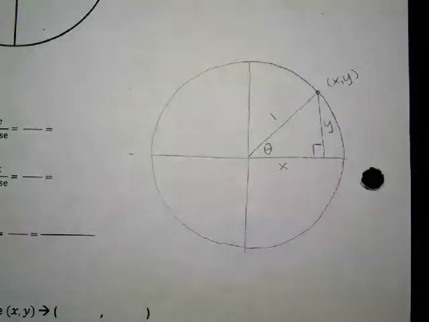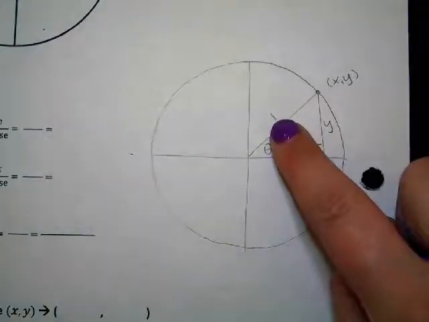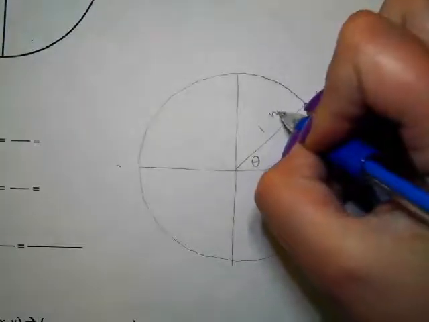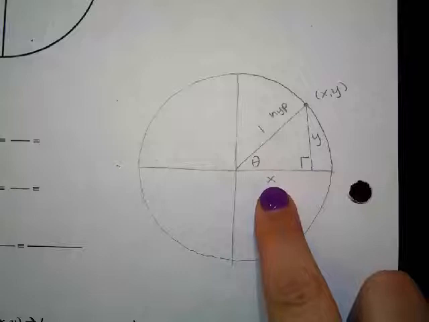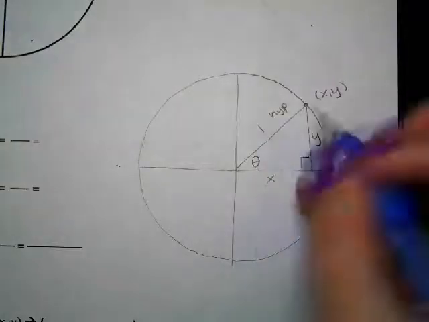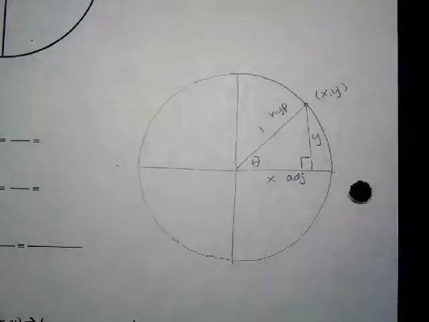So what is the name of the 1? Hypotenuse. What is the name of the x? Adjacent. What is the name of the y? Opposite. Okay.